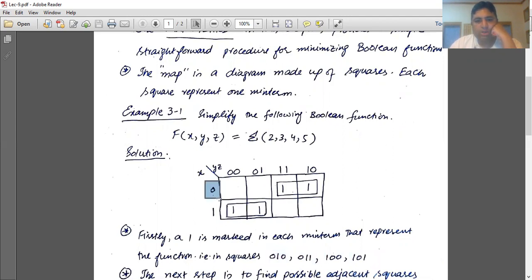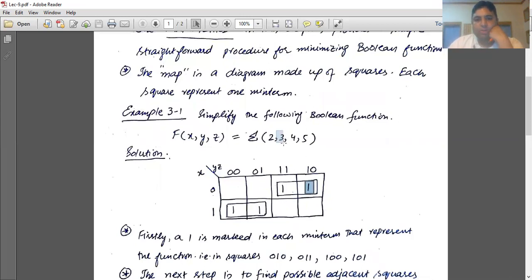This square is 010, with x equal to 0, y equal to 1, and z equal to 0. You put a 1 in this square.